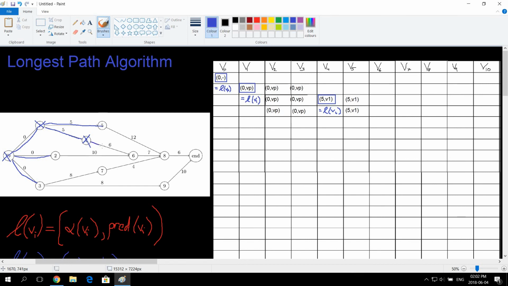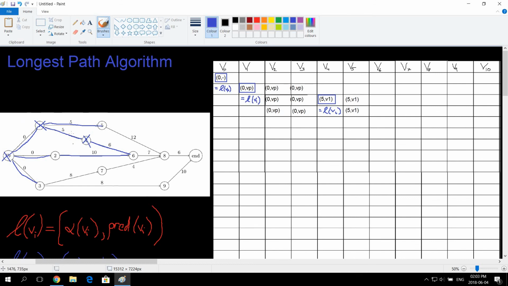But notice how this line going to V6, there's another line going to V6 coming from V2. We could go to V5 and V4 because all the predecessing vertices had been explored going to this one, because there was only one. So we know that this is the only longest path from V1 to V4.